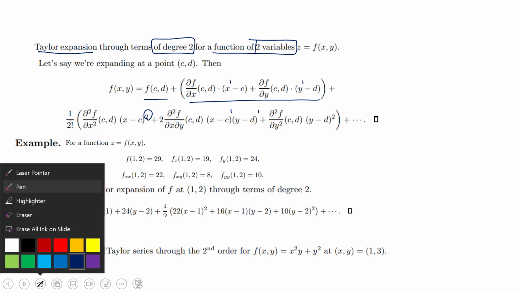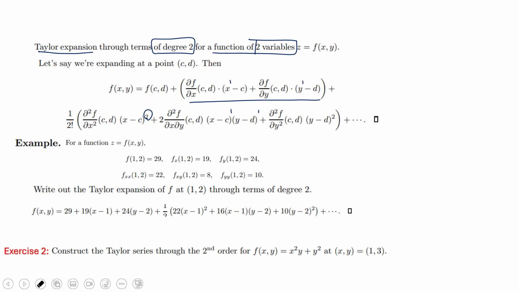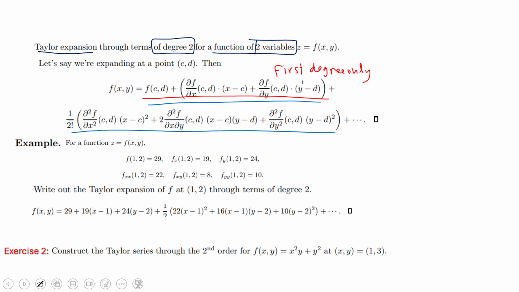So he will ask you to find the Taylor series for the first degree and second degree. If it is first degree, you will stop at this one, right? So here, first degree only. But if you have this one and also this one, you call it second degree, right? Catch it?